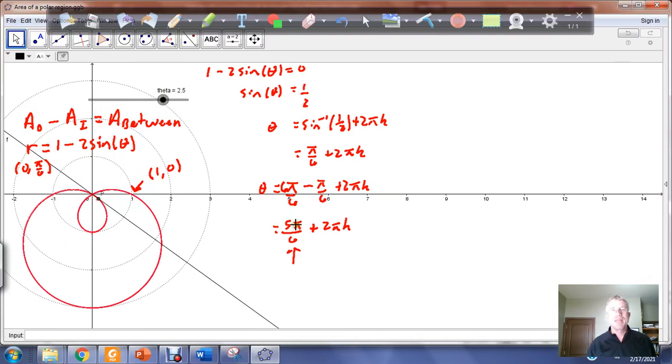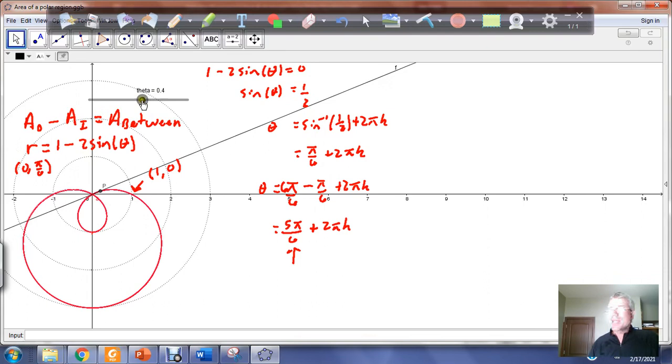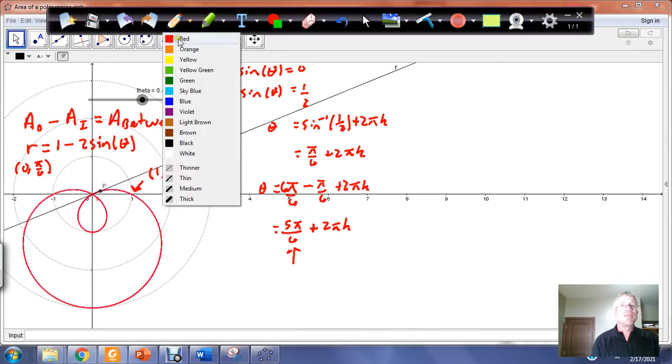And that's because I'm estimating pi as 3, which it's not really. So from pi over 6 to 5 pi over 6, you can see that the point sweeps around the entire inner portion of the limacon. So we can actually use that to calculate the area of the inner limacon.